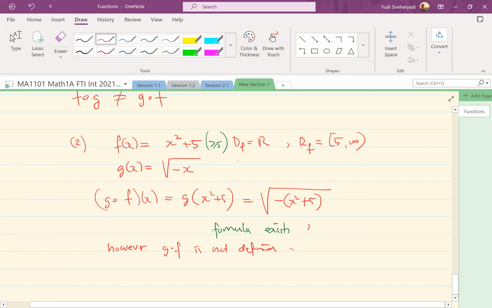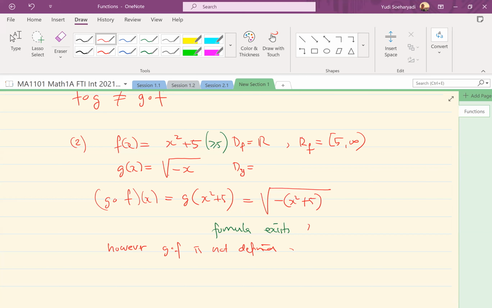While for g, this is something you should be aware of, because this is a square root, you need a non-negative number inside the square root. So inside the square root, negative x needs to be non-negative.